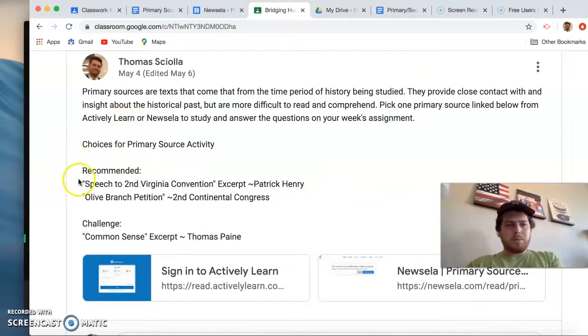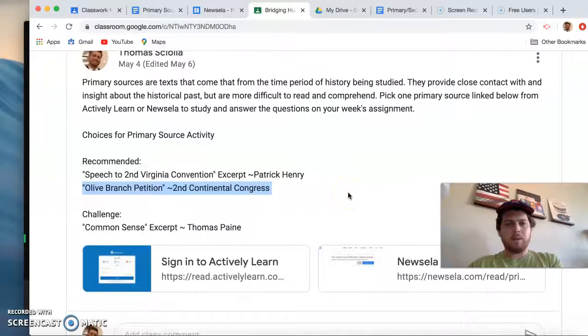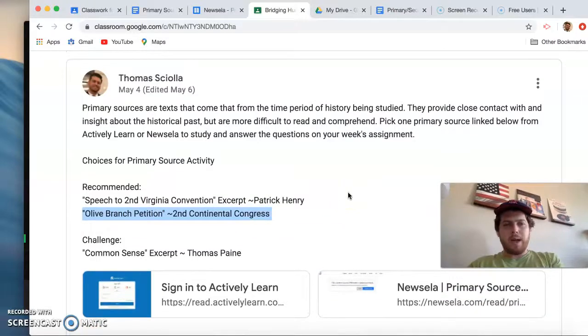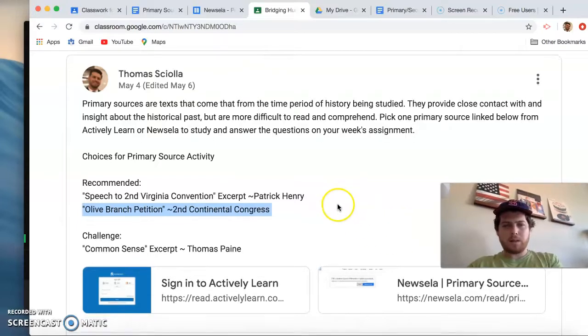Here are your choices. If you're having trouble with this activity, I highly recommend that you do the Olive Branch Petition. The reason I recommend that one is because it's on Newsela. And Newsela has the ability to lower or raise the difficulty of the text.